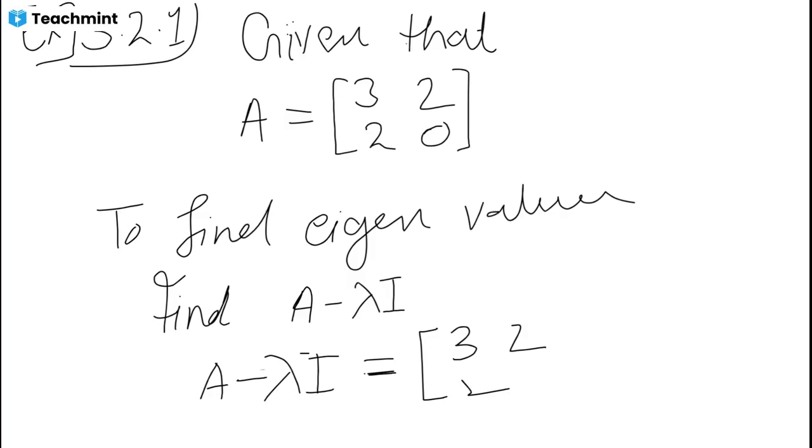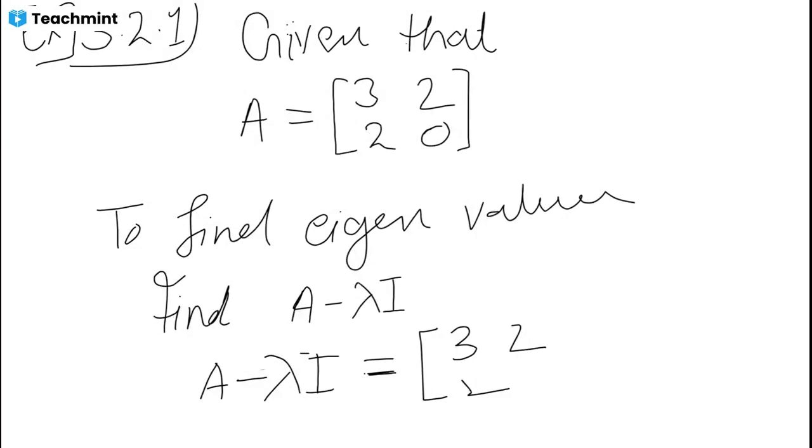So now find the determinant of A minus lambda I, which is 3 minus lambda, minus lambda, minus 2 into 2.